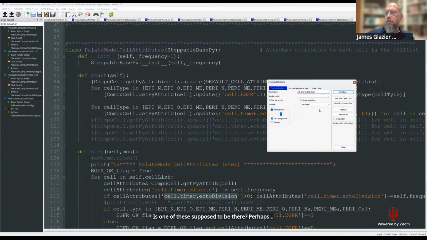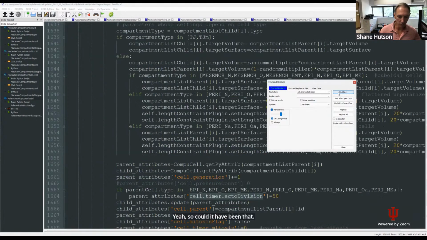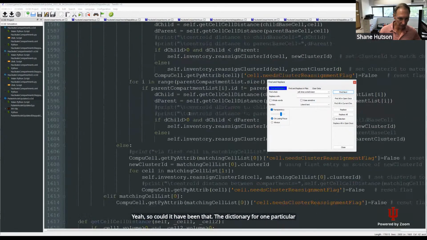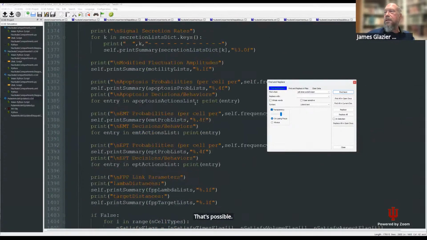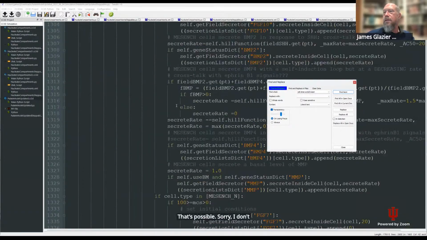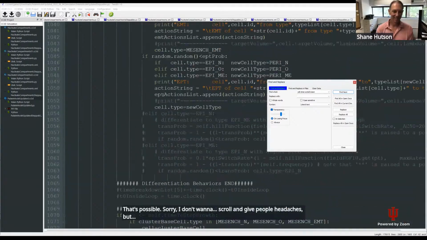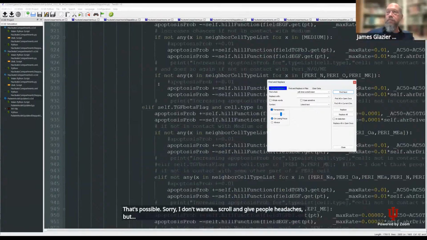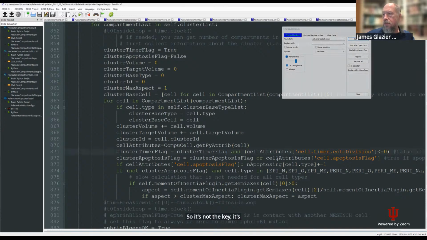These other ones all work. So could it have been that the dictionary for one particular cell just didn't get set correctly? It's possible. So it's not the key, it's maybe the dictionary, the cell attributes.